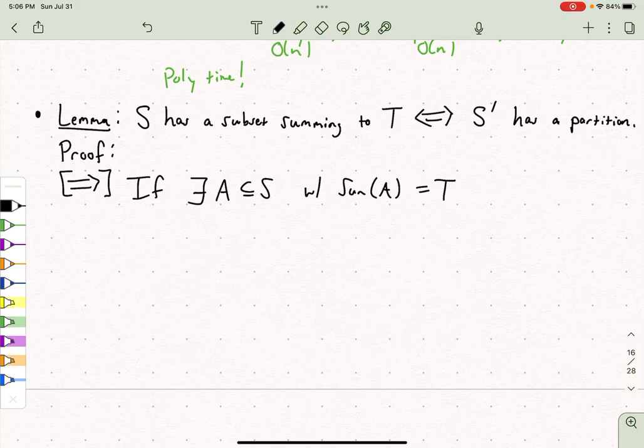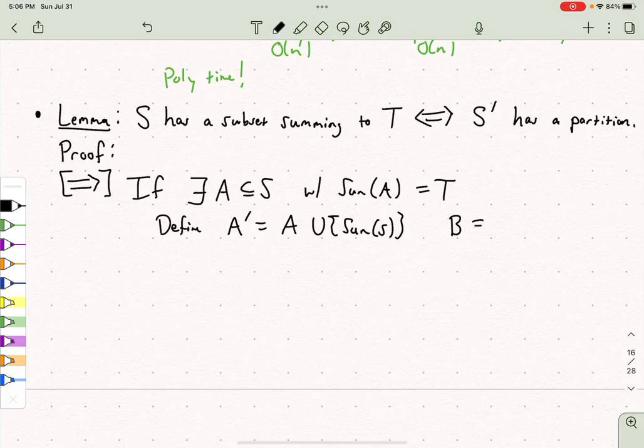Well, we're just going to define A prime to be A union the sum of S, and then B is everything else. So B is just the set S prime without A prime.